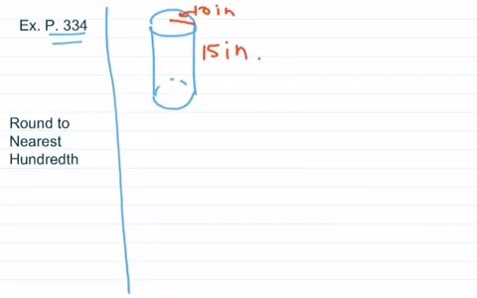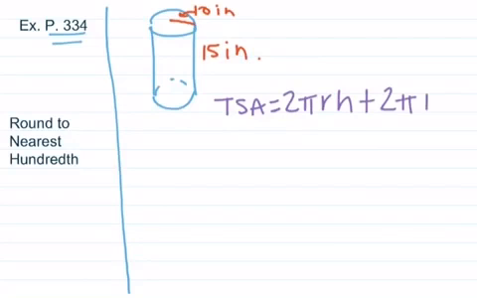Okay, so again, we're going to write out our formula. Total surface area equals 2 pi RH plus 2 pi R squared.